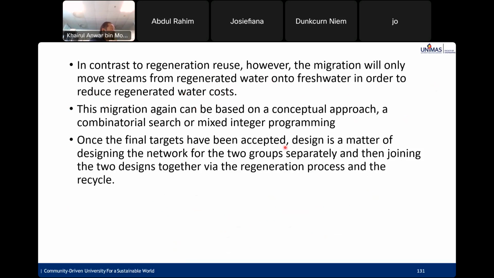Once the final target has been accepted, the design is a matter of designing the network for the two groups separately and then joining the two designs together via the regeneration process in the recycle.